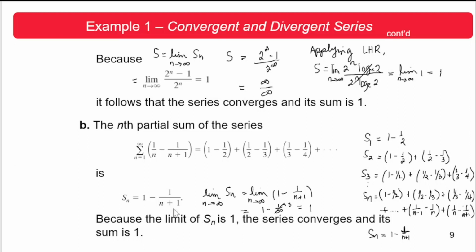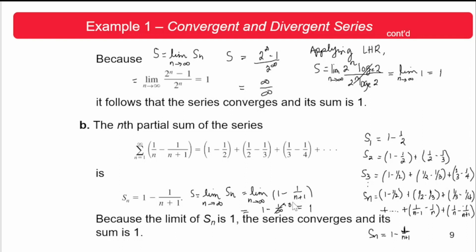Then after that, we need to evaluate the limit of this nth partial sum to find the sum of the infinite series. So we can now define S as the limit of S of n as n approaches infinity. We obtained that the nth partial sum is 1 minus 1 over n plus 1 as n approaches infinity.